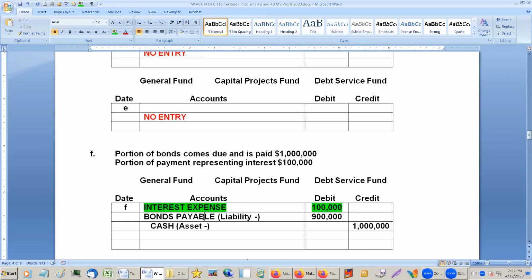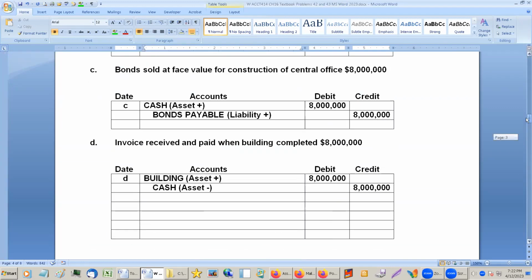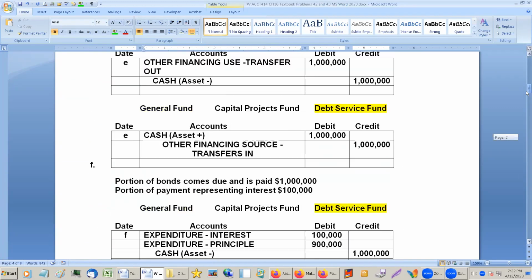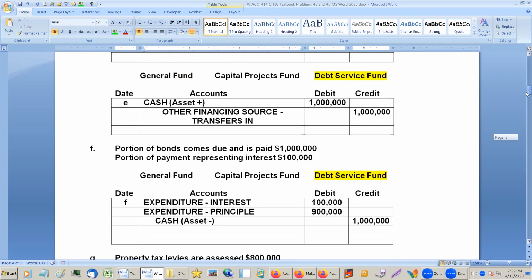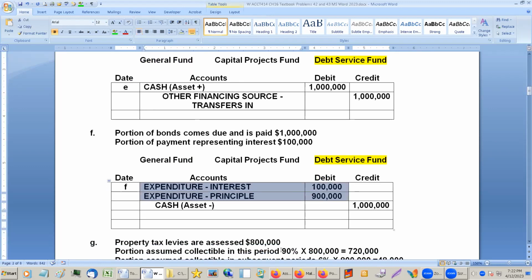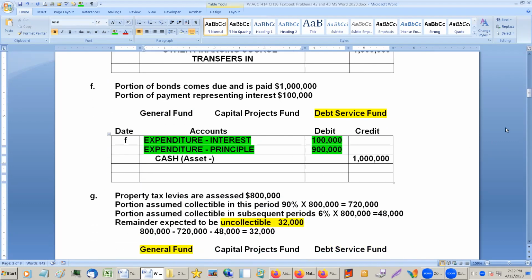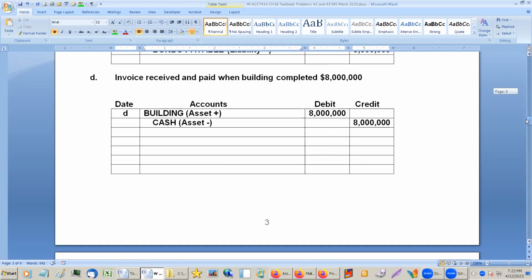The rest of that is a liability. Go back to here. The expenditure is going to be $1 million. So expenses and expenditures, while they're similar, are not the same thing.